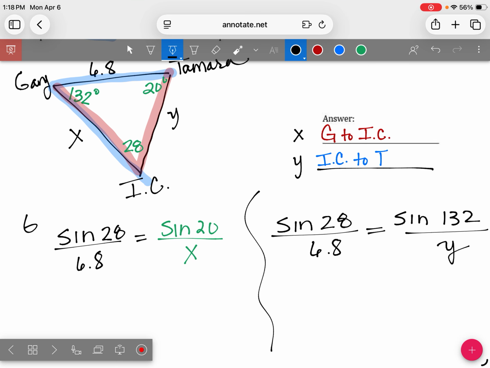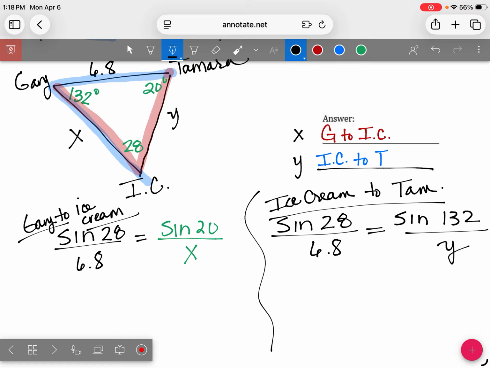So this is Gary to ice cream. And this one would be ice cream to Tamara. All right, go ahead and cross multiply and find both of those.